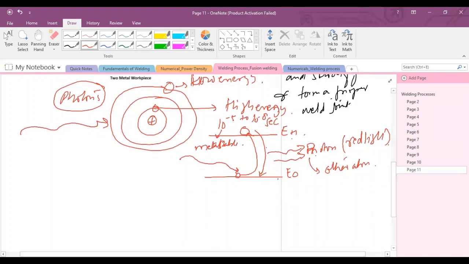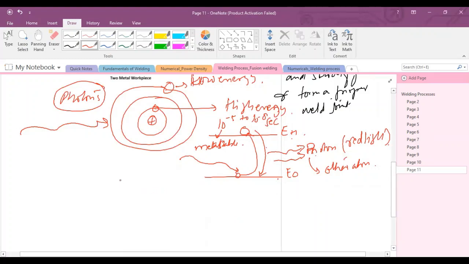When this emitted photon hits another excited atom, the second atom also gives off a red light which is in phase with the colliding red light wave.